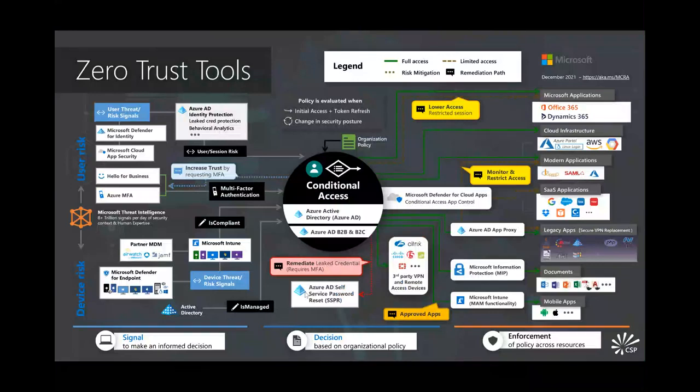So I'm not going to read through each of these items, to take up a whole session just on this slide alone. So please look through it as you can. But I do want to point out that we're really going to look at this starting from left to right, where you can see that the signals that we touched on earlier are in the left column. They're going to be taken into account and used to make an informed decision on not only the user ID itself, but also assess the risk associated with a sign-in, as well as the device from which the user is trying to authenticate.